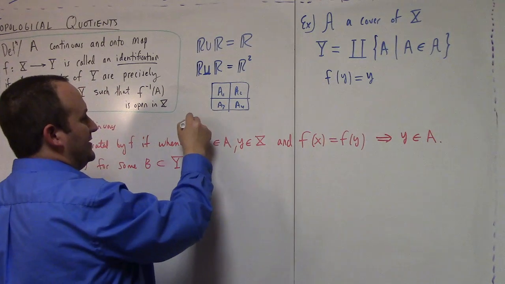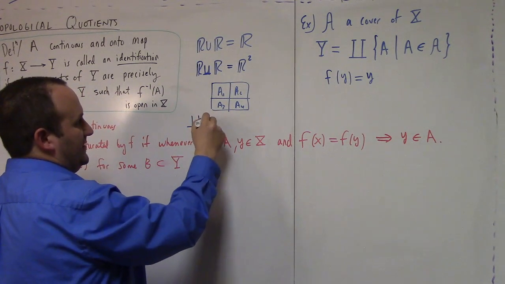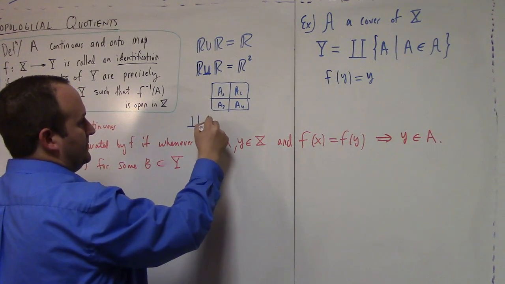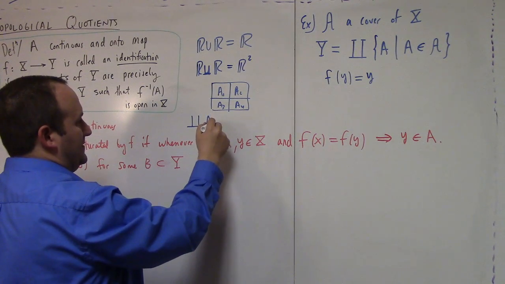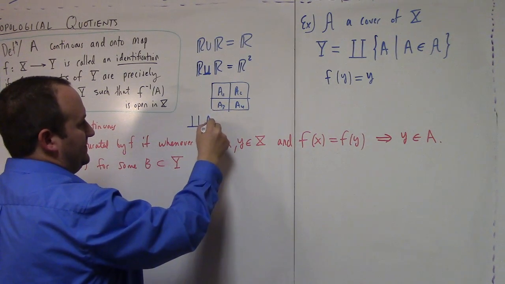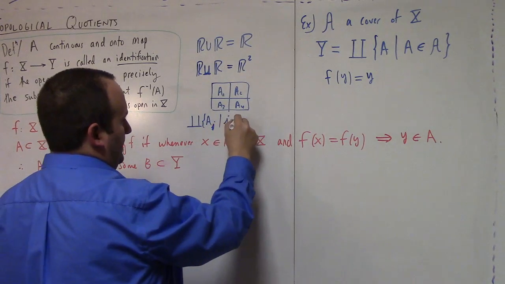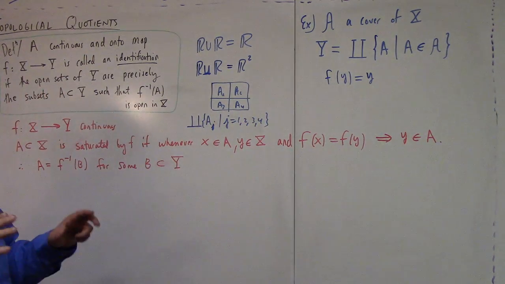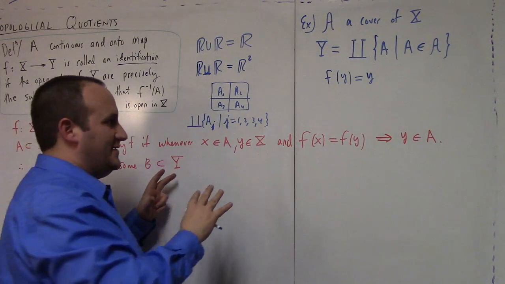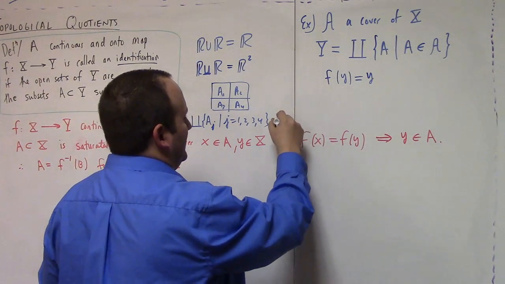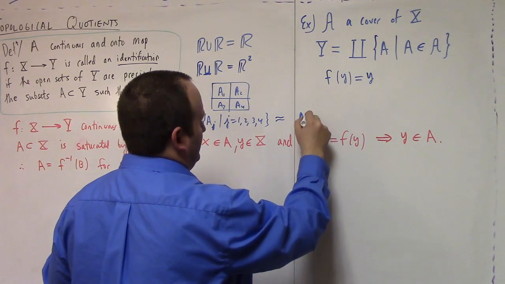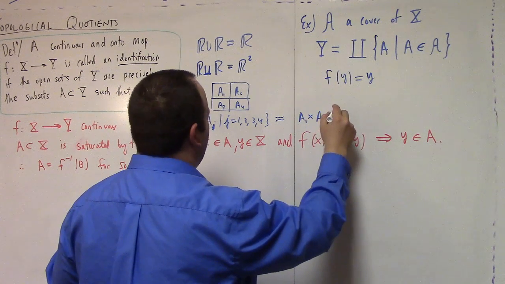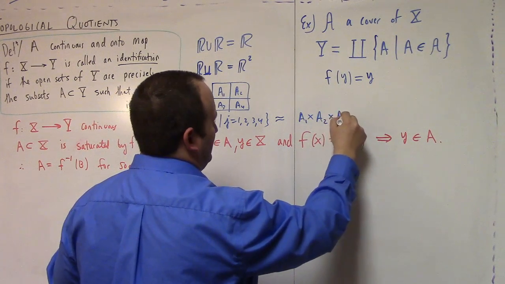Well, the disjoint union of these things, think of it like, I mean, I guess you could think of it this way. I'm not sure that that's actually right.